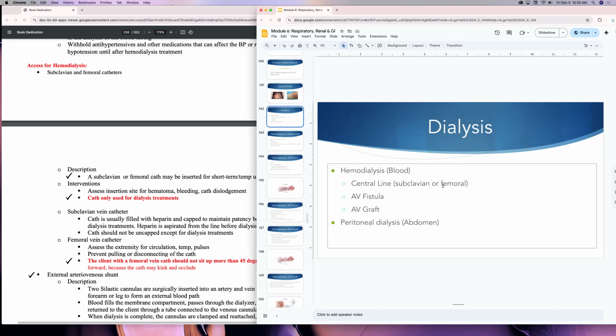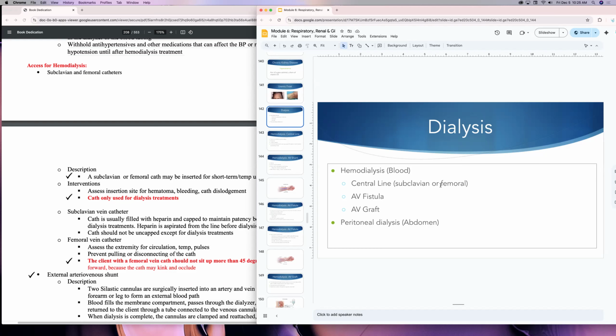So the subclavian central line would be like right on the front of their chest, and femoral would be in their groin. You can imagine, because central lines increase the risk for bloodstream infection, that they don't prefer the femoral because the groin tends to be very sweaty and that's where pee is and all of that. And also the groin is where we bend the leg, and that would kink the catheter.